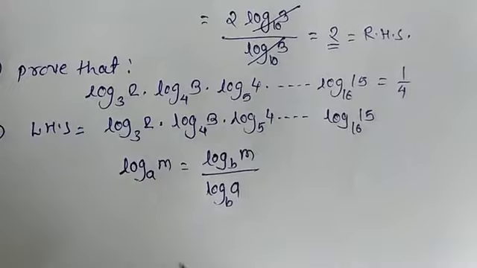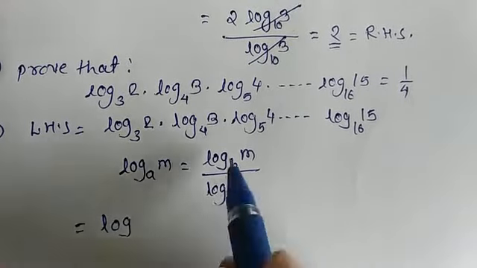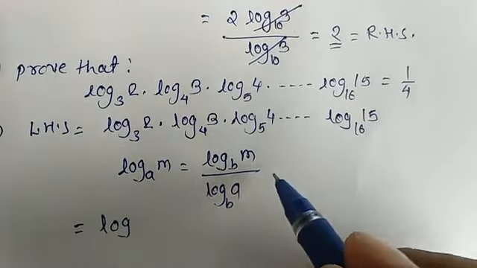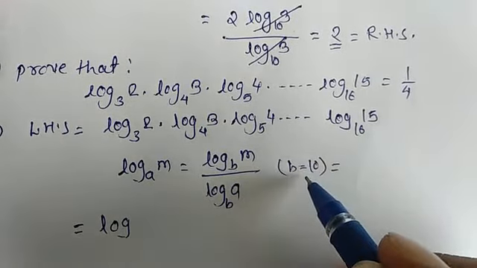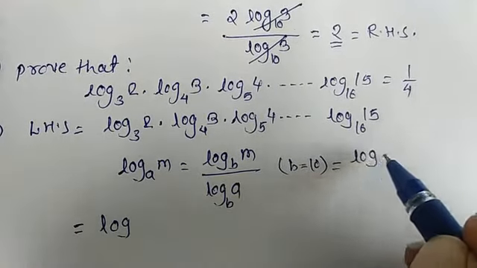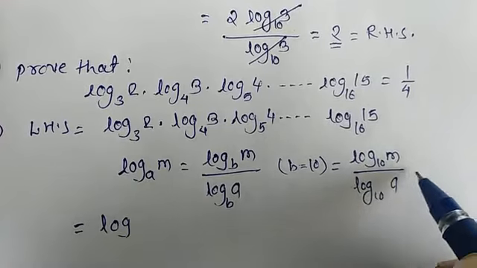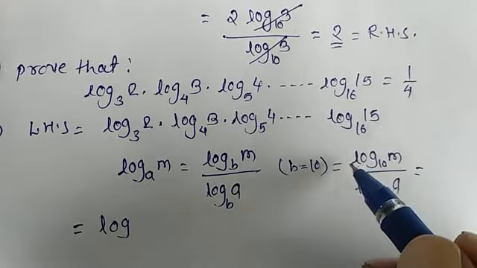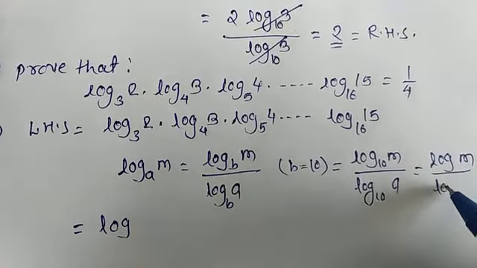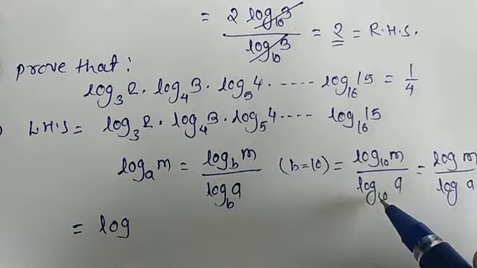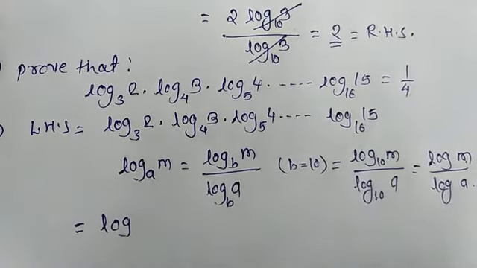If we consider b is equal to 10, we can write log m to the base 10 divided by log of a to the base 10. As in this unit we have seen, it can be written as log m upon log a when the base is 10, and we directly write it as log m upon log a.